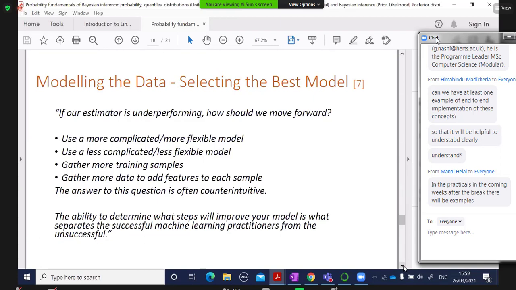But for you, at the moment, all you need to know is, again, don't panic when you see it's underperforming. There are so many things you can do. But the ability to determine what steps will improve your model needs lots of practice and also needs you to think critically. That is one thing I would like to emphasize.